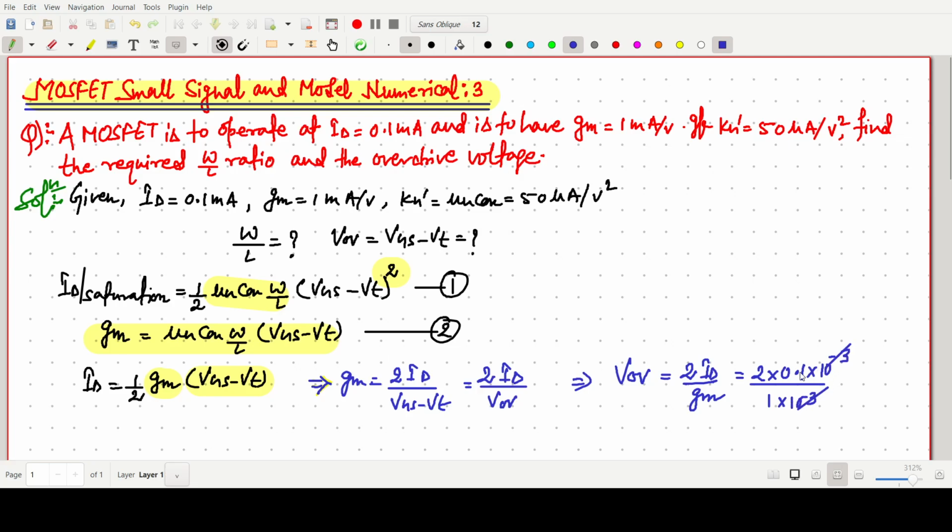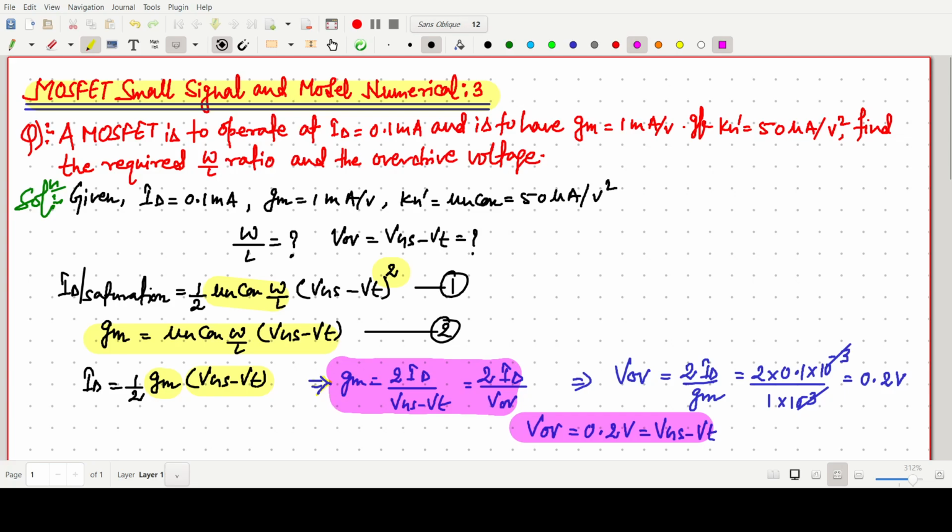This should cancel out, so it is simply 0.2 volt. So the VOV value we can simplify to 0.2 volt, that is our VGS minus VT. This is the expression for the overdrive voltage.